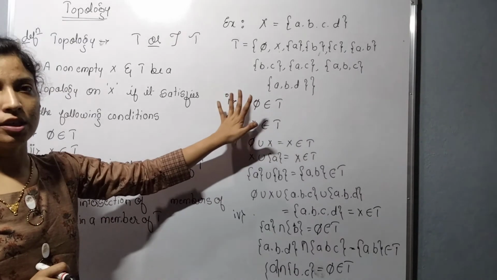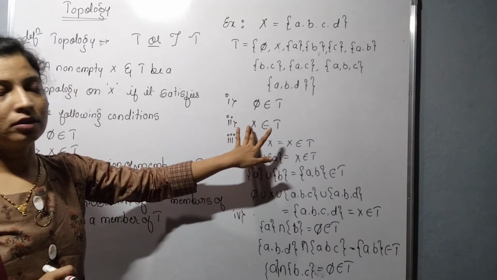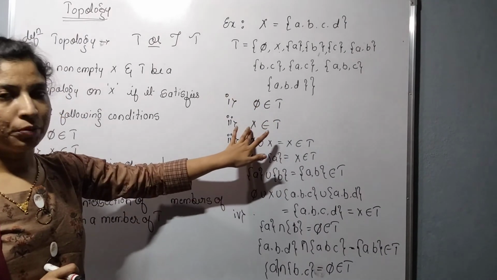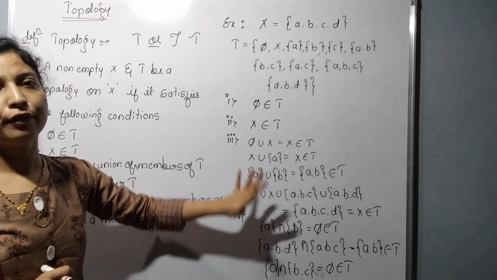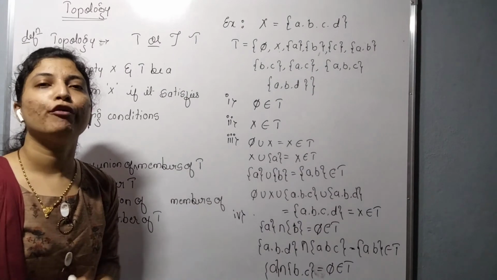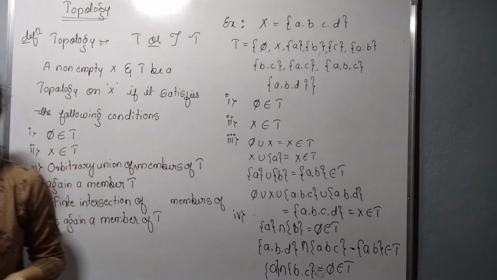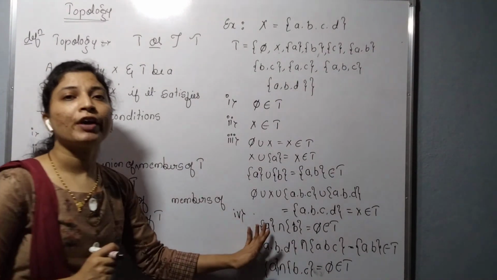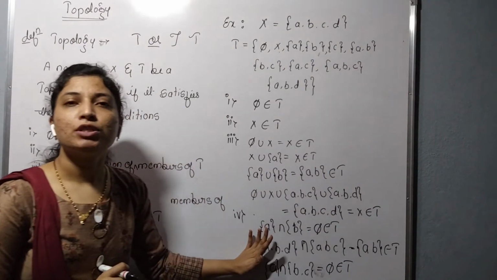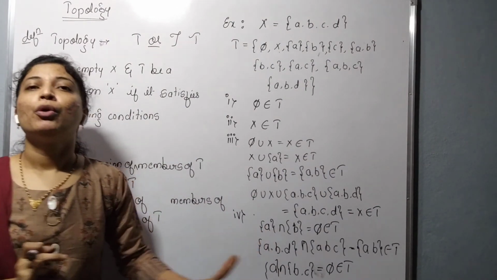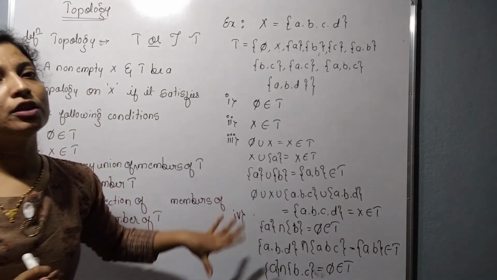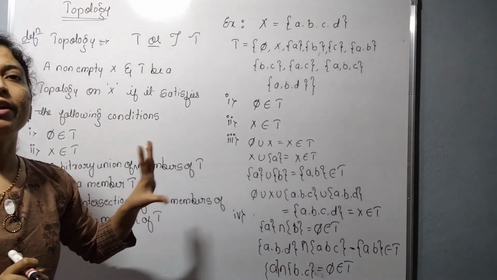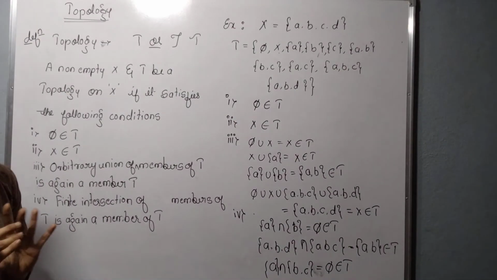First and second are easy: the null set and the given non-empty set are also elements of tau. Then the third and fourth conditions are: arbitrary union of members of tau is again a member of tau, and finite intersection of members of tau is again a member of tau. If the given tau satisfies these four conditions, then it is called a topology tau on X.